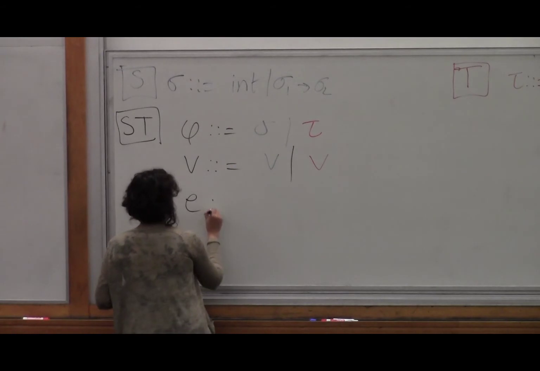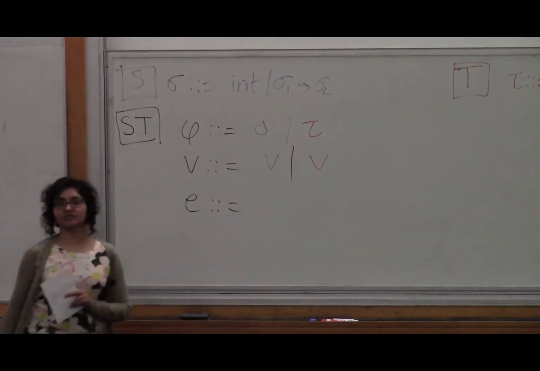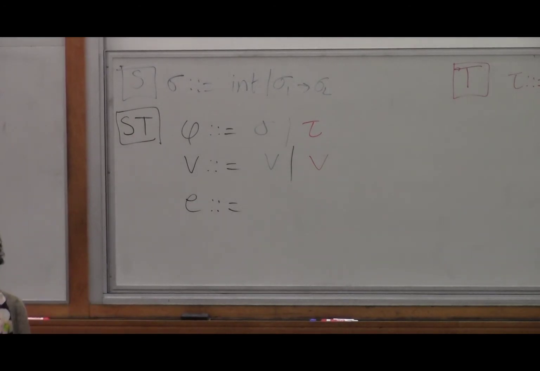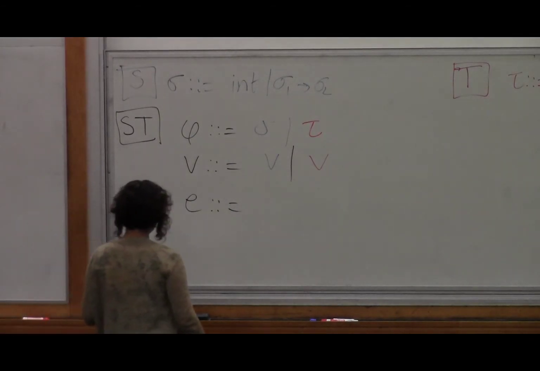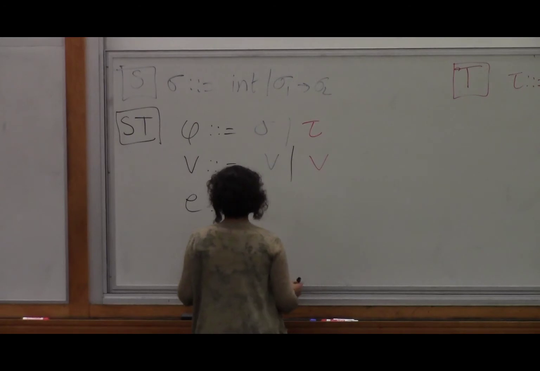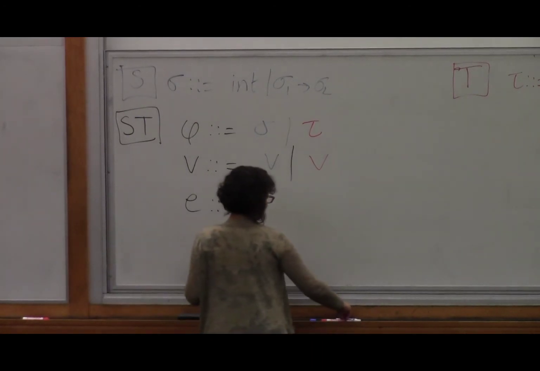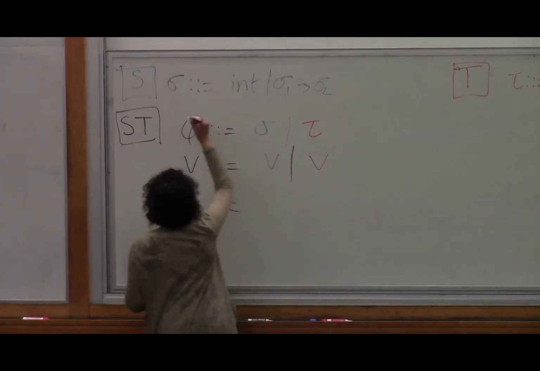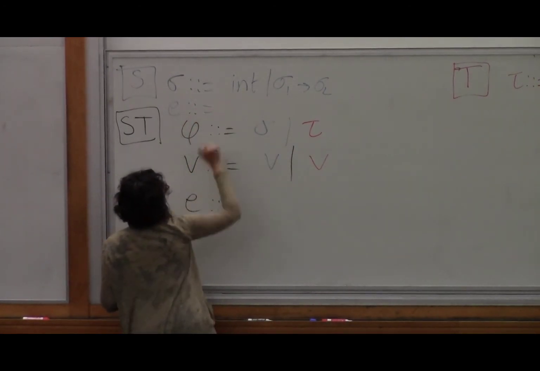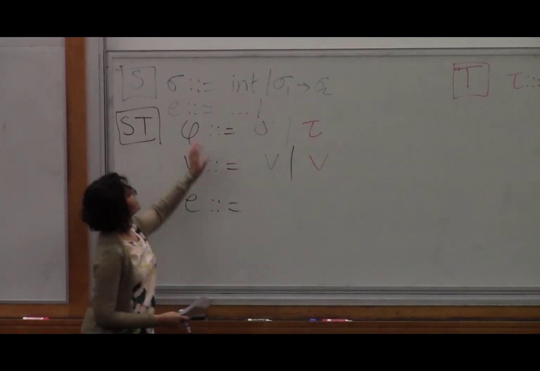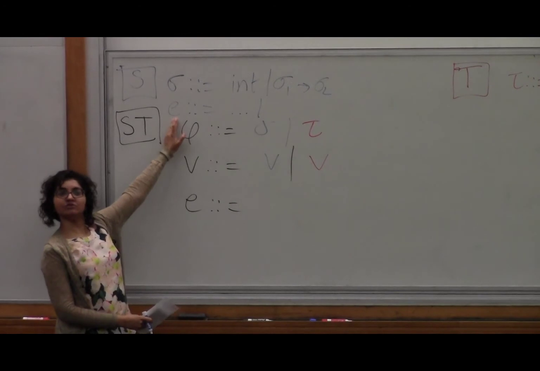Okay, how do I take the expressions of the two languages and put them together? Well, I pull in all of the existing expressions, but remember I have to add two new expressions, the boundary forms, ST and TS, which allow me to mediate between them. So we should be a little bit more careful here. I'll write it as: I'm going to take my source language blue expression.